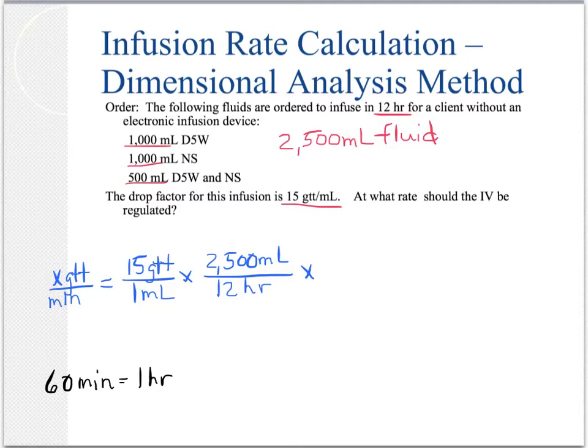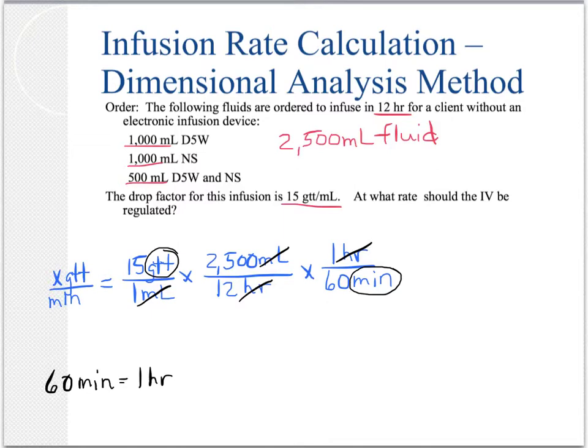So we write 1 hour over 60 minutes. Canceling the units, we see that hour in the numerator cancels with hour in the denominator, milliliter in the numerator cancels with milliliter in the denominator, and we are left with drops in the numerator and minutes in the denominator, which is exactly what we want.